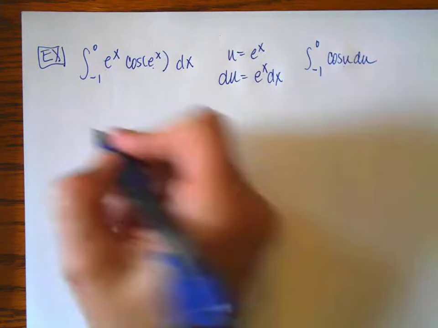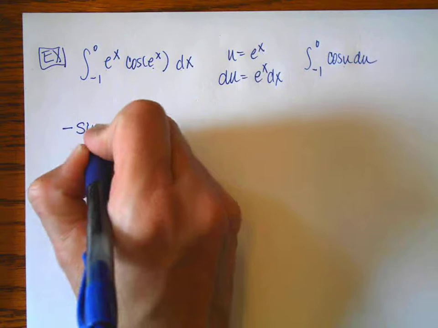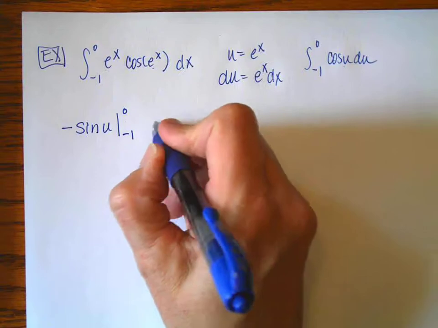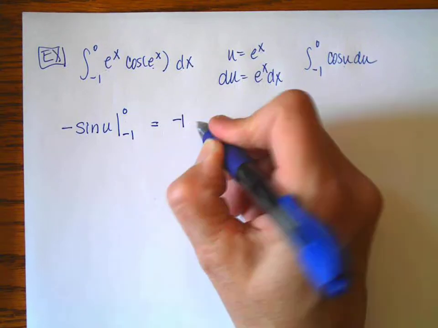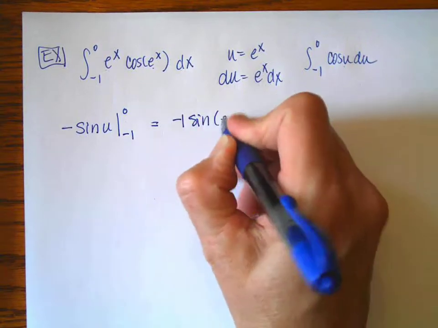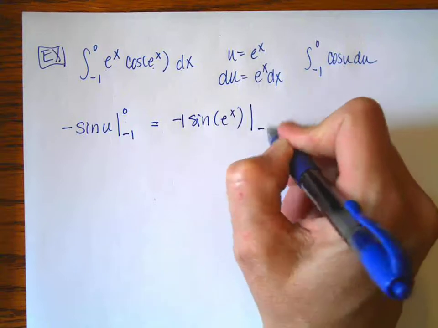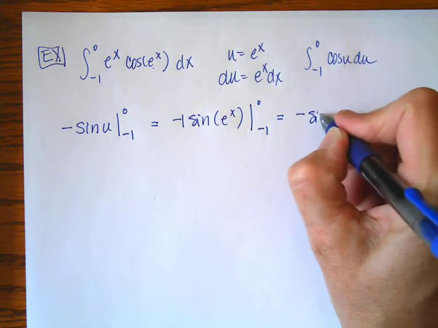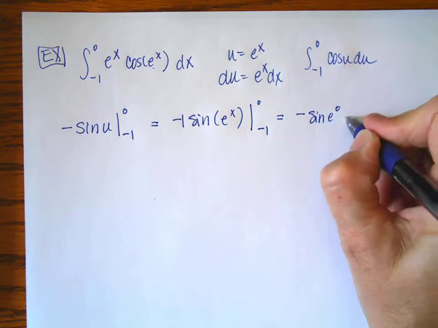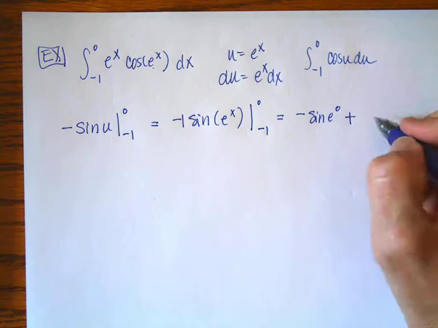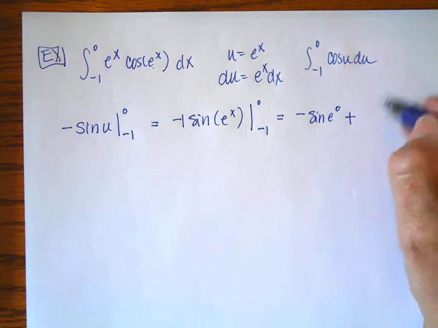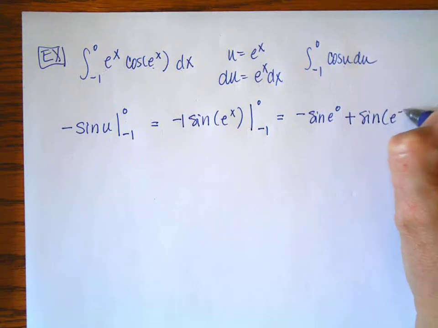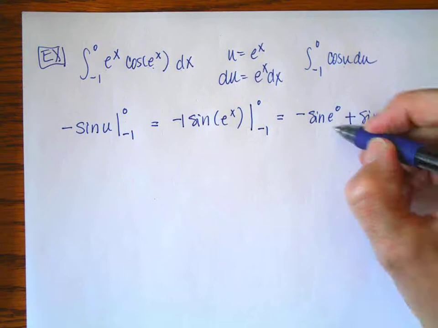Well, that's pretty easy because the integral of cosine is a sine of u evaluated from a negative 1 to 0. So then I'm going to substitute it back in. This is the sine of e to the x evaluated from a negative 1 to 0. So this is going to be sine e to the 0, minus sine of e to the negative 1.